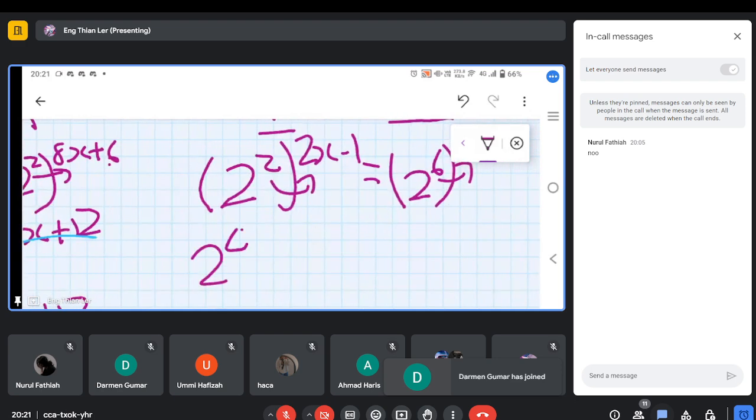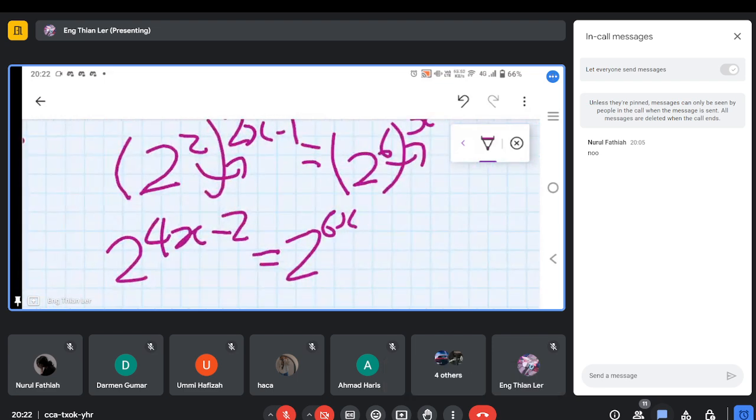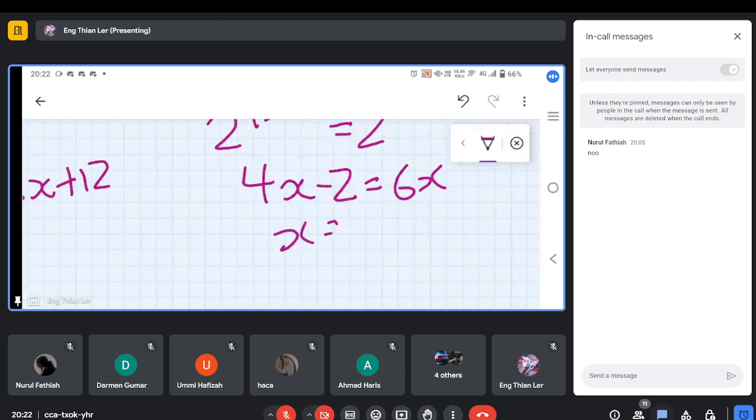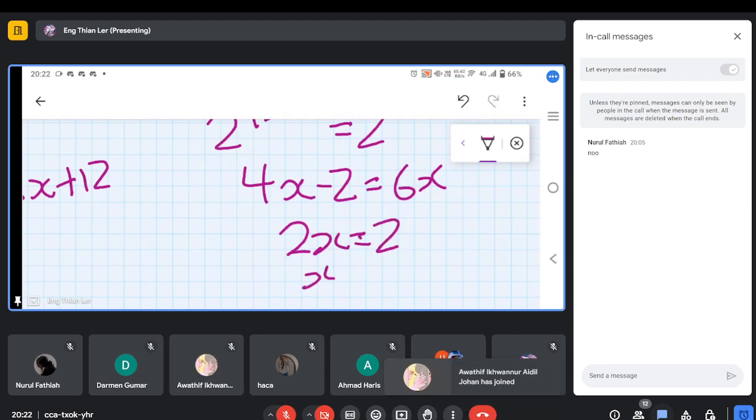So 2 to the power of 4x minus 2 equal to 2 to the power of 6x. Same base, so we can compare. So 4x minus 2 equal to 6x. And x equal to 1. Not so fast. 2x equal to 2, x equal to 1.